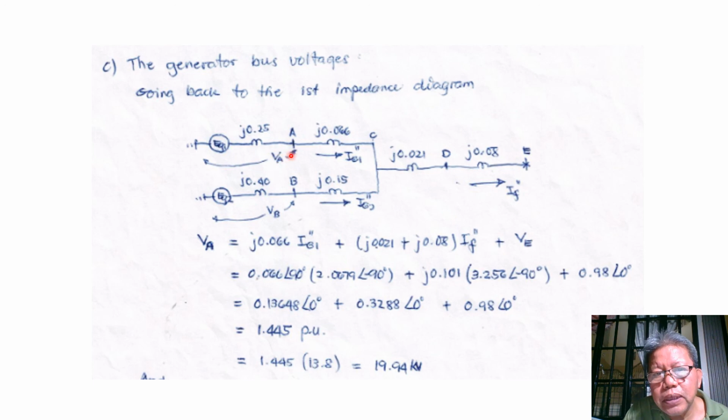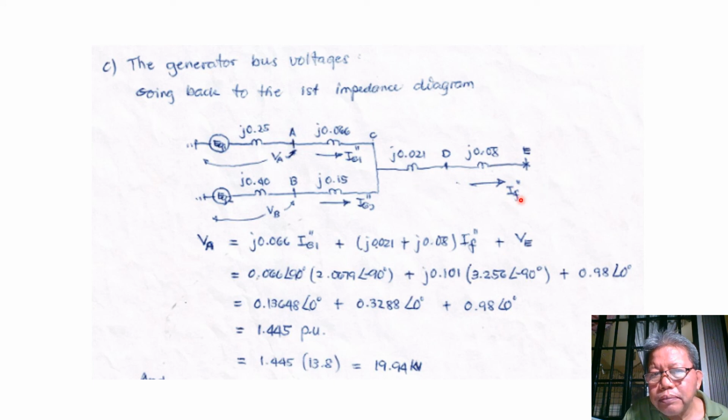So V sub A will just be equal to the impedance drop here, which is j0.66 times IG1 double prime, and then plus the impedance drop here. The current flowing here is the same as the current here, no? Actually, the sum of the fault current from generator 1 and generator 2. So we just use IF double prime.